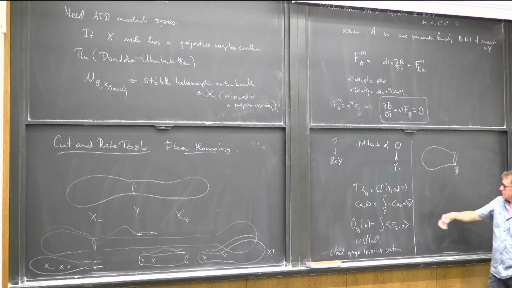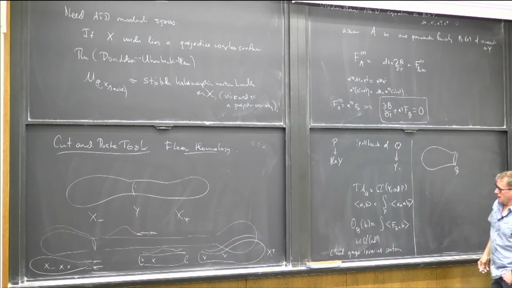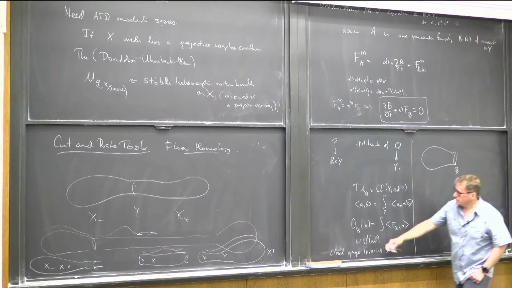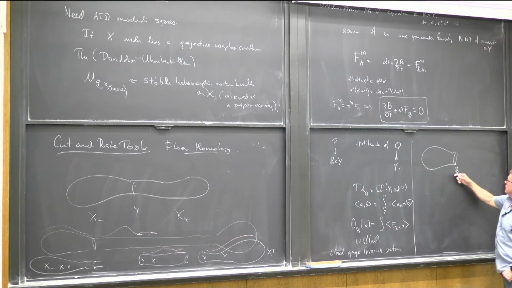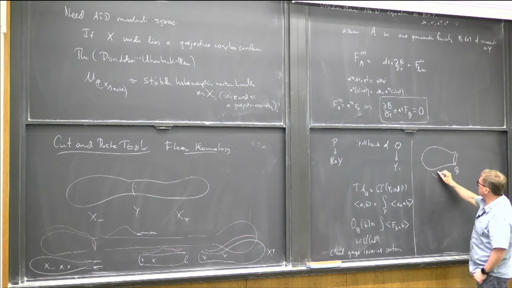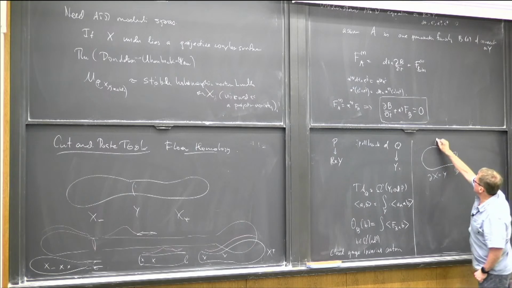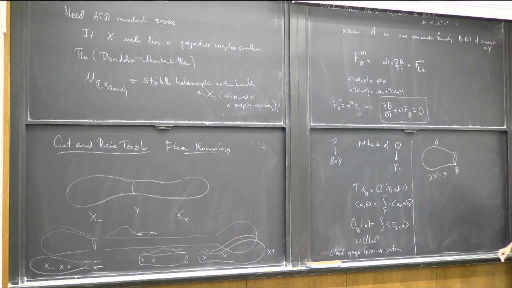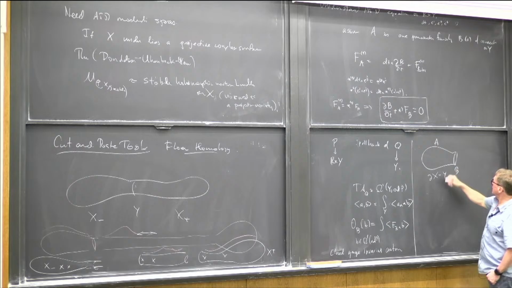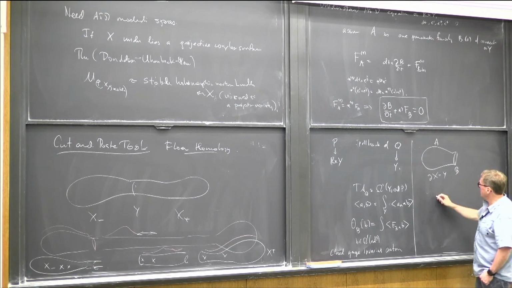We want to get a function on connections, not just on the tangent space. So if I have a connection on my 3-manifold, suppose that 3-manifold is the boundary of a 4-manifold and the connection extends. Then there's a natural function to write down.